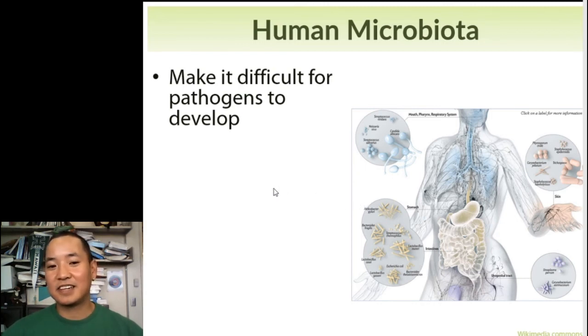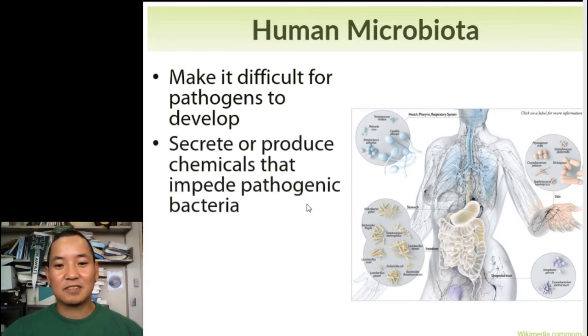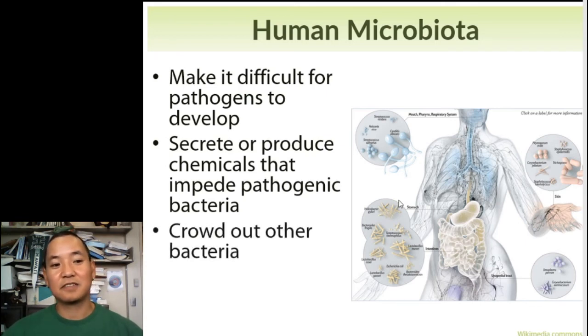How do they do that? They not only crowd out pathogenic bacteria, they secrete or produce chemicals that impede them. They kind of lay their stakes down. They make it more comfortable for themselves, and more uncomfortable and harder for other bacteria to get in there. They are also very numerous.